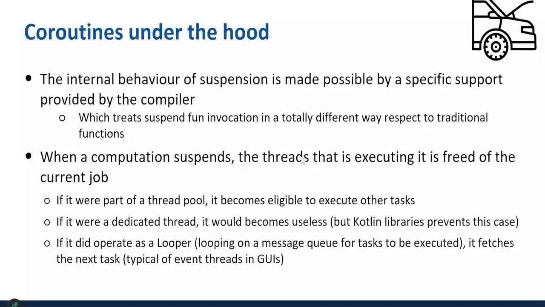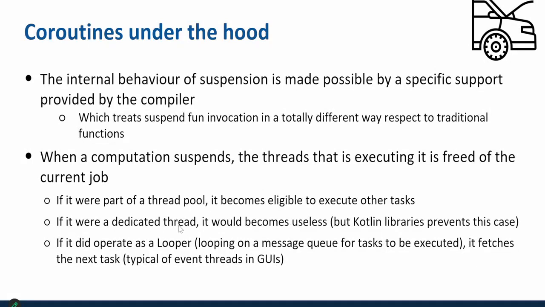So under the hood, what Kotlin and the transpiler do is that if some coroutine is assigned to a thread that belongs to a thread pool, it will eventually release the thread and give it to another coroutine, eventually from the same dispatcher context.